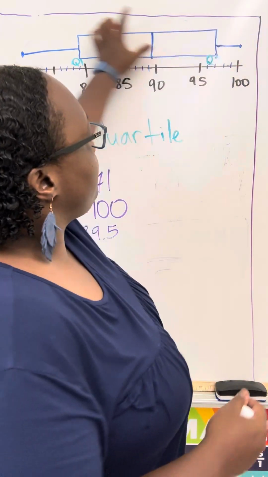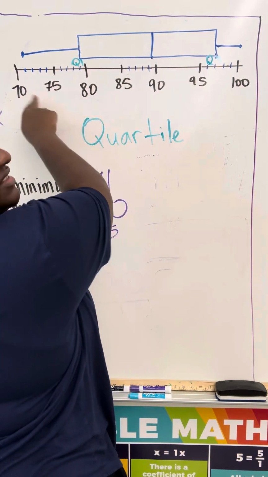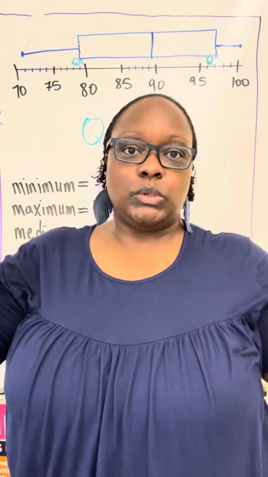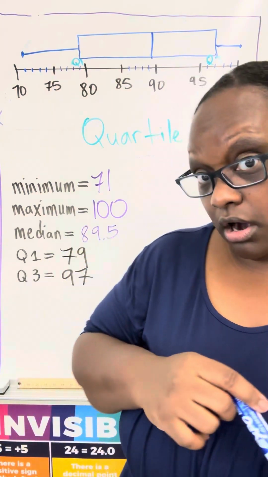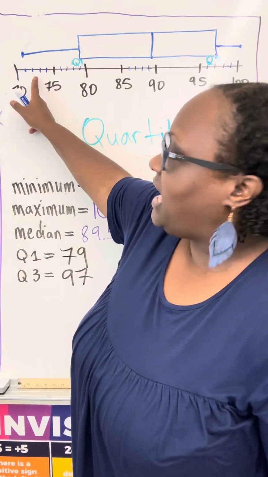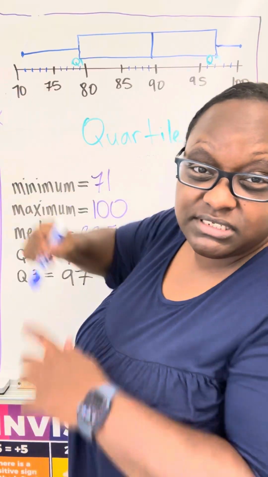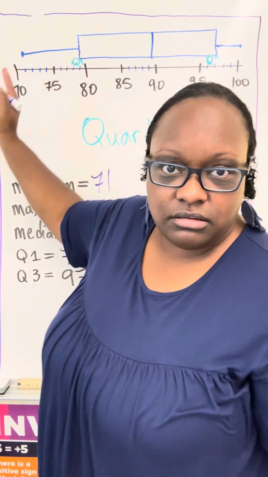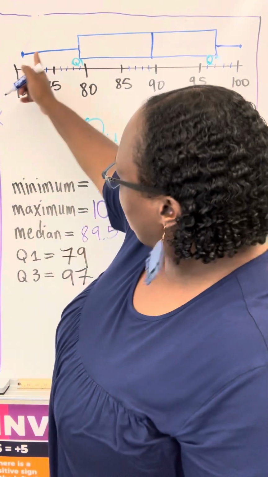But you have a completed box plot when you show all this information, and then you have this number line here so that it's not just a random box with lines. You need the number line so we know exactly where the numbers are. If your number line is much smaller and it's hard to read, you might even want to put the numbers there. I think mine is pretty easy to read, but you can always put the numbers there.